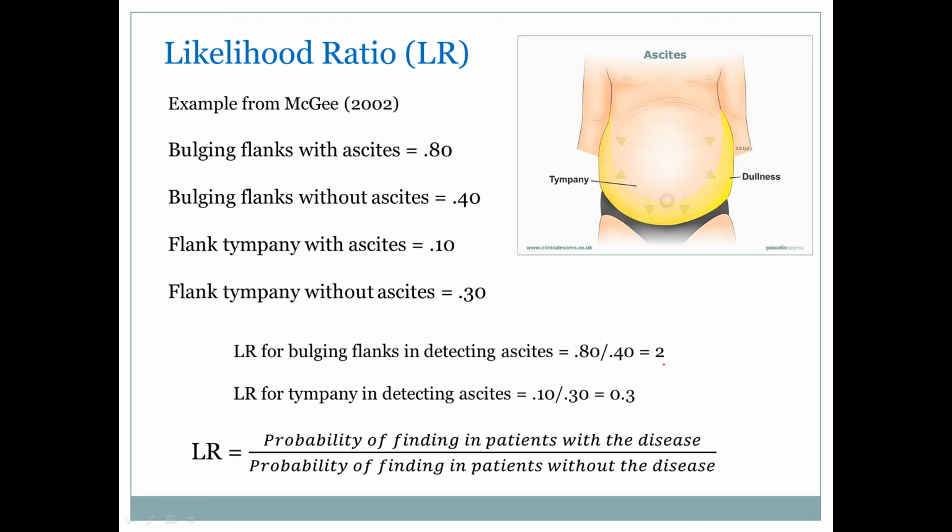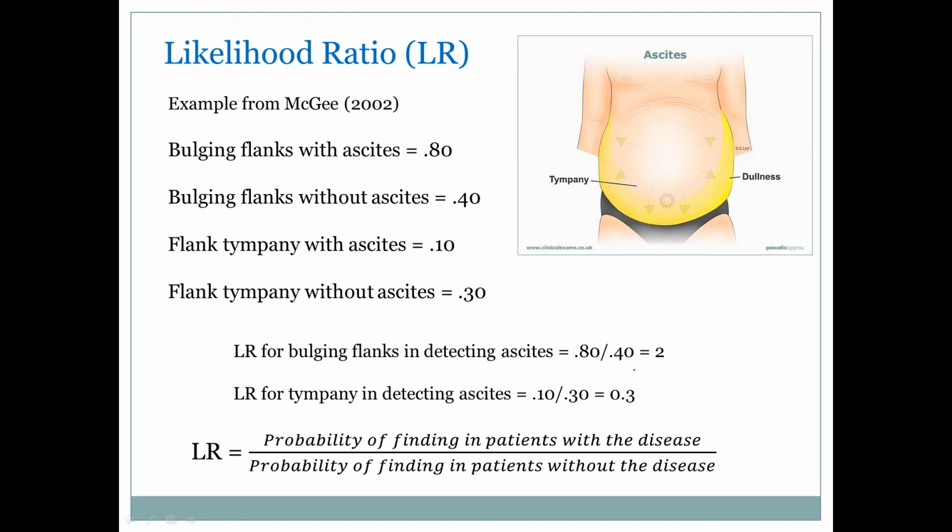Similarly, the finding of the tympany is present in 10% of the people that have the ascites, but 30% with distension from other causes. That makes sense because if it's sounding hollow, that's gas, right? If it's filled, it won't sound hollow.